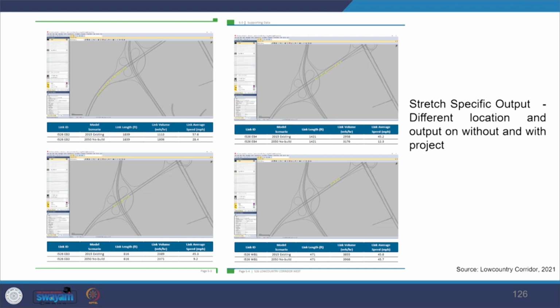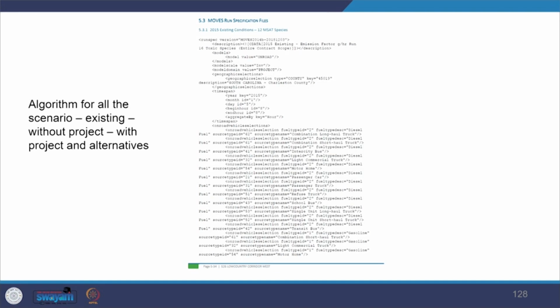So, you can see the model output here with different scenarios and at different locations. They have also provided the analysis for all the scenarios they studied, so you see what kind of information is given. The link to the case study is provided to you for further details.